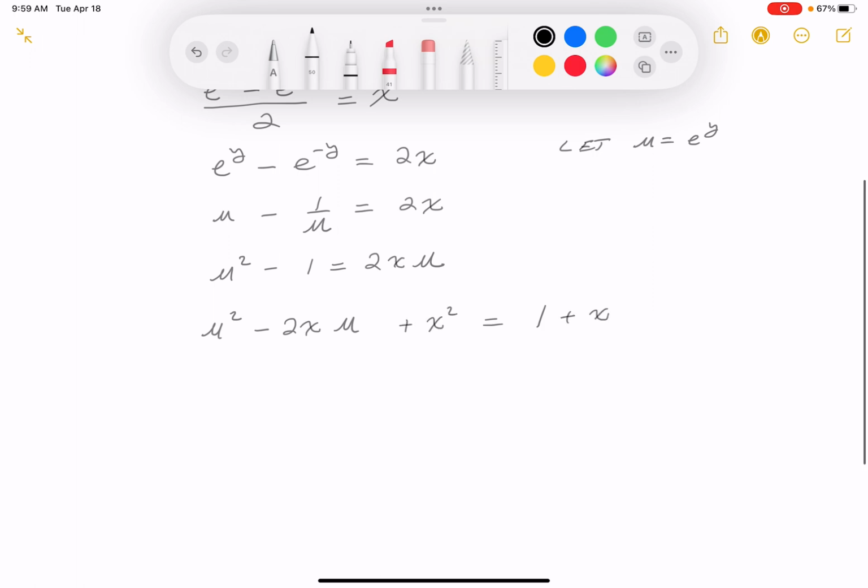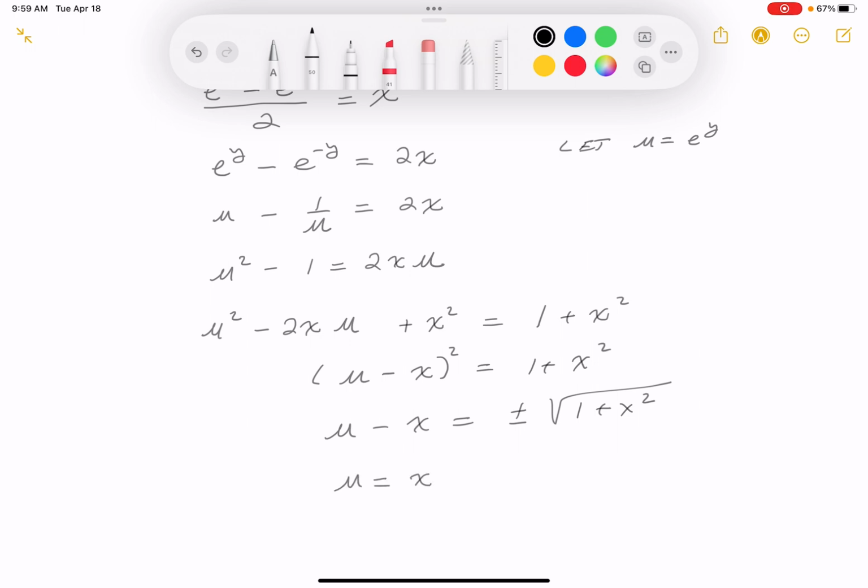I add x squared to both sides, so u minus x squared is equal to 1 plus x squared. Using the square root rule, u minus x equals plus or minus the square root of 1 plus x squared. Then I add x to both sides, and u is equal to x plus or minus the square root of 1 plus x squared.